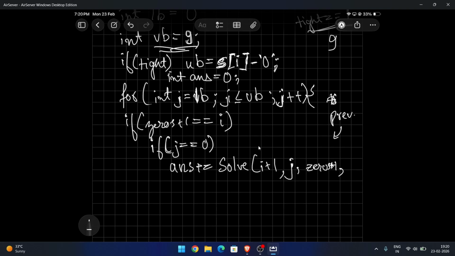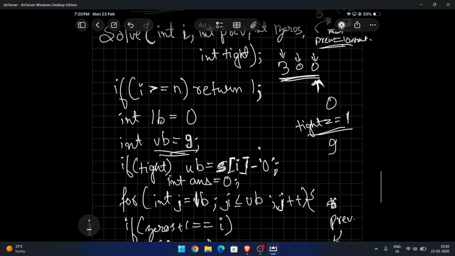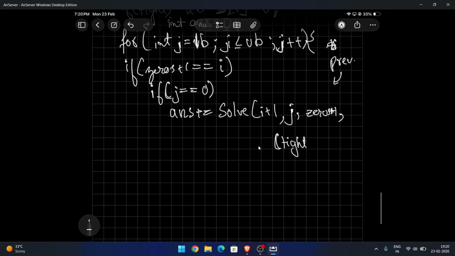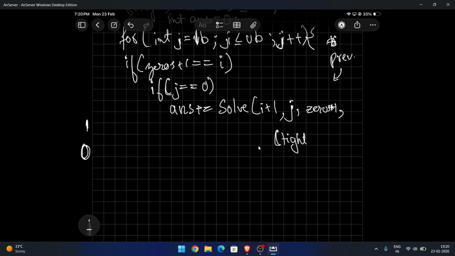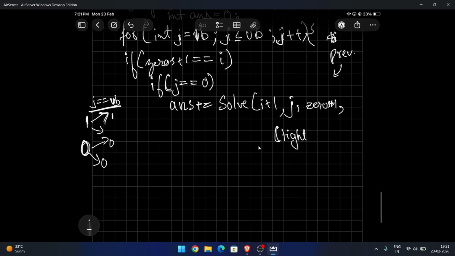And for the tight condition, what would we do? There would be two conditions for tight: if we currently are at tight or if we currently are not at tight. If we are not at tight, then we can put anything, so this would be 0 only. But if we are tight, then if the number we are looking at is the same as the upper bound, only then tight will be 1.